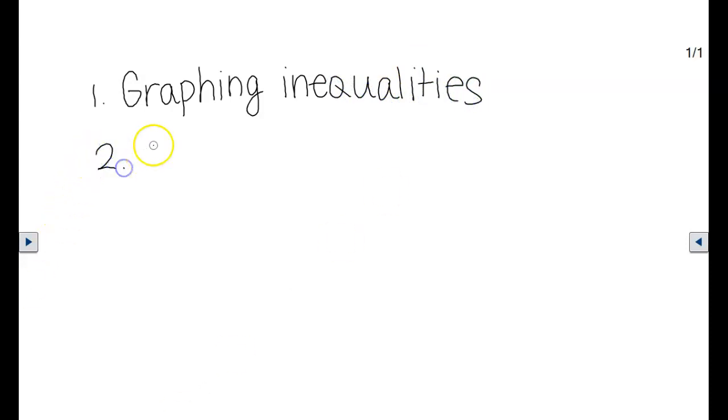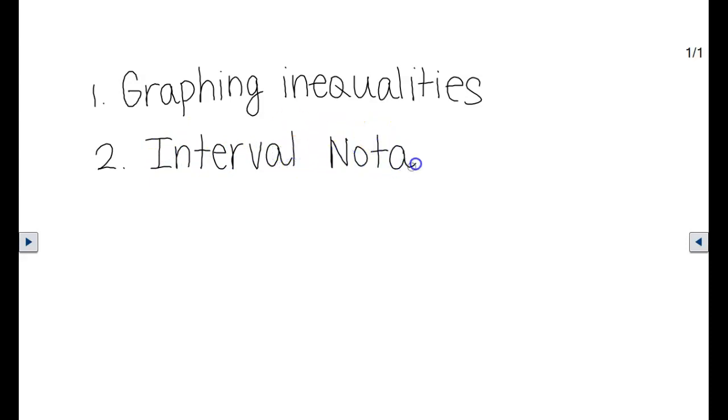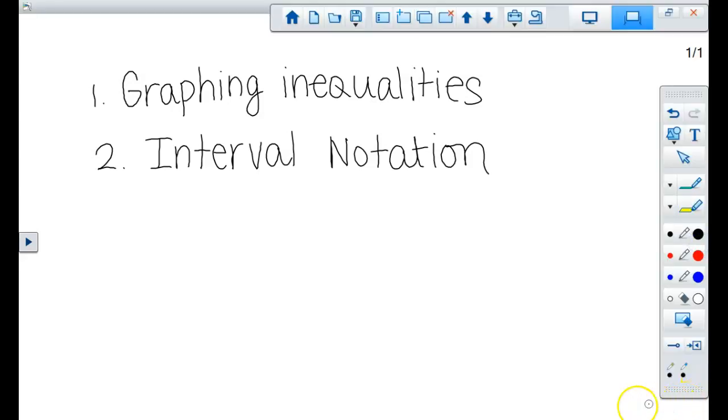And then the second thing we're going to do is talk about another way to represent inequalities, which is called interval notation. Now, the interval notation part of this, I am fairly certain will be new for everybody. So the graphing part should be a review. The interval notation part should be a new concept.